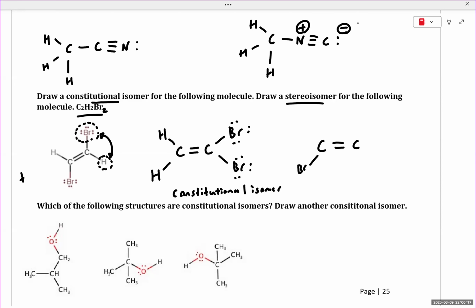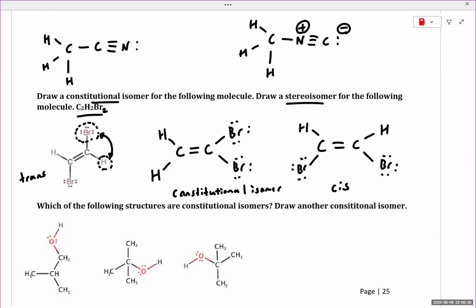So here we have the trans stereoisomer of this alkene. Let's draw the cis stereoisomer. So we've now drawn out a constitutional isomer and a stereoisomer for the following molecule.